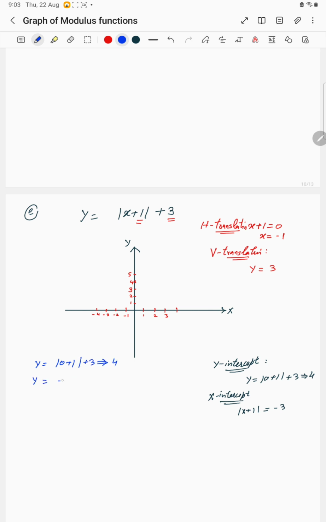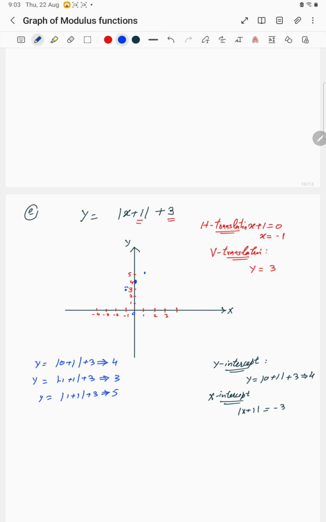When it is minus 1, plus 3 gives me 3. So for minus 1, it is 3 here, and for 0, it is 4 here. For 1, 1 plus 1 plus 3 gives me 5. So till here we have 5.